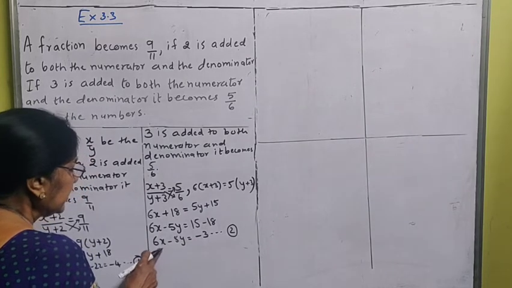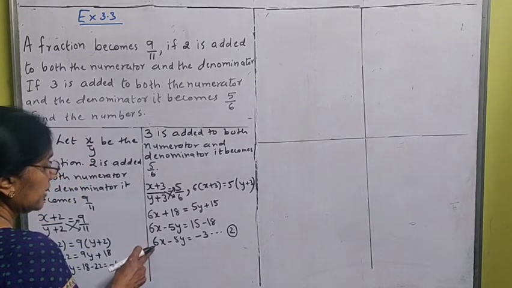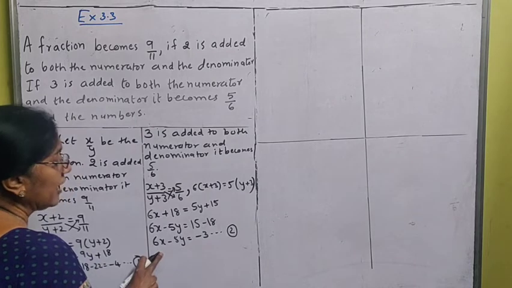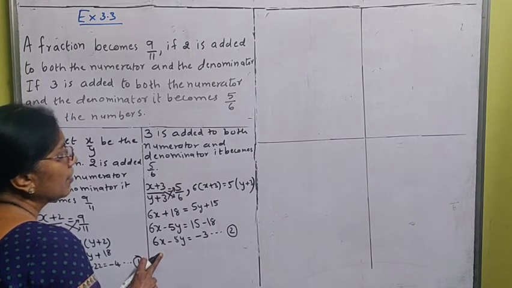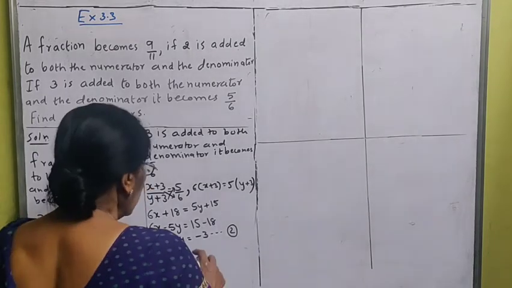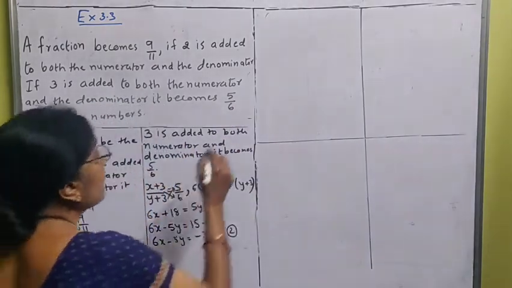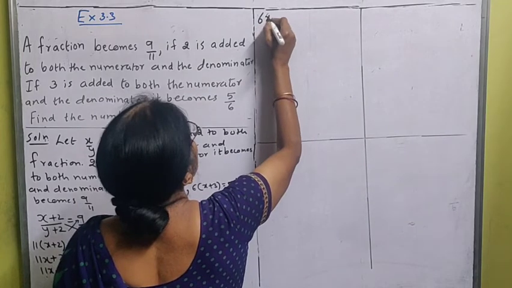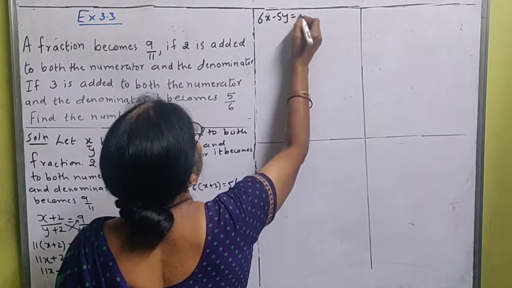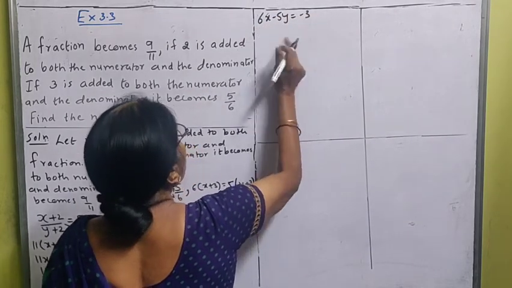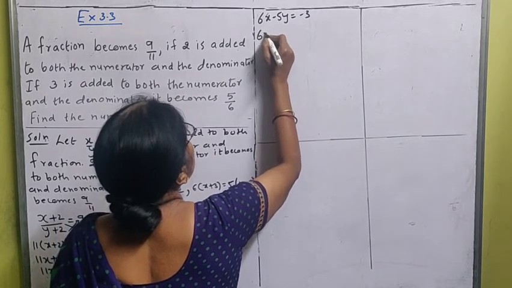So what shall we take? 6x we will take because its coefficient is less. So with this value we will find out the value of x. So we shall take 6x minus 5y is equal to minus 3. So x I will keep on the left hand side.